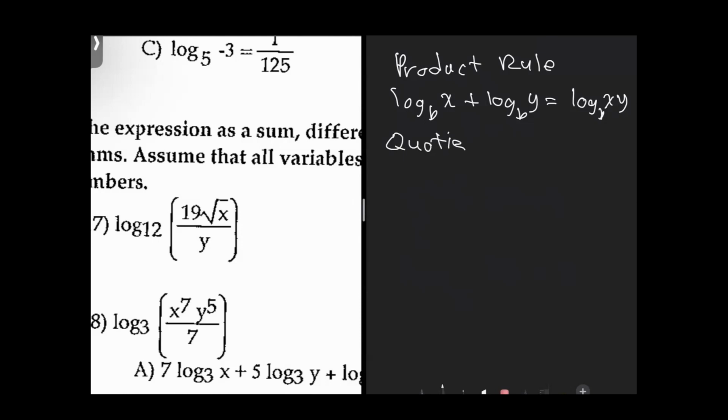So for the product rule, if addition relates to multiplication, what do you think the quotient rule might be? Well, instead of addition, we'll have subtraction. Instead of multiplication, we'll have division. Then the power rule.